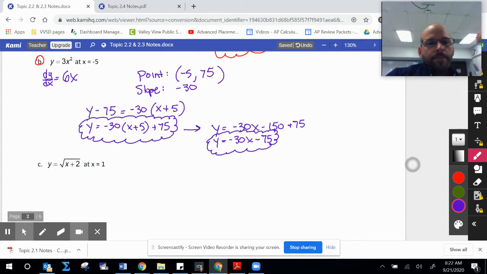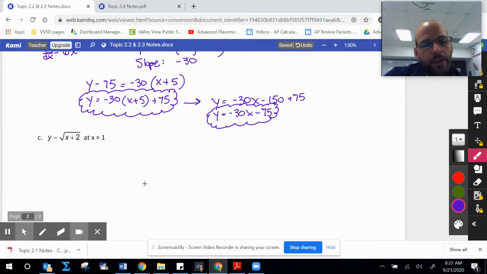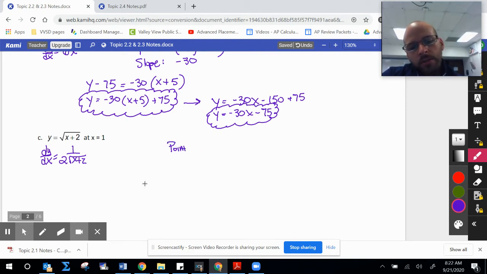All right. Now, for the last one, we already found this derivative, so I know dy dx, or y prime, if you want to use that notation, was 1 over 2 square root of x plus 2. All right. And so my point is going to be 1 comma, if I plug 1 in, I get the square root of 3.